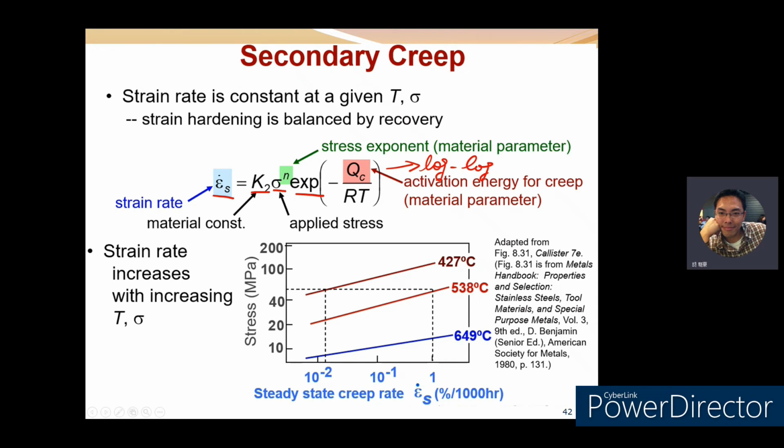Okay, so we can look at the figure shown here. The strain rate increases with increased temperature and applied stress.